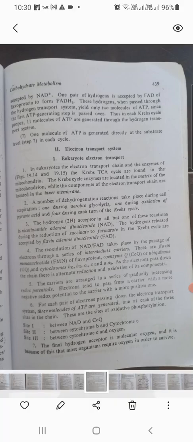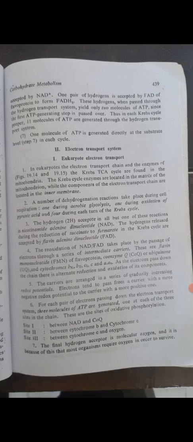For each pair of electrons passing down the electron transport system, 3 molecules of ATP are generated, one at each of the 3 sites of the chain. These are the sites of oxidative phosphorylation. In site 1, between NAD and coenzyme Q, we have production of ATP. In site 2, between cytochrome b and cytochrome c, we have ATP generation, and in site 3, between cytochrome c and oxygen.